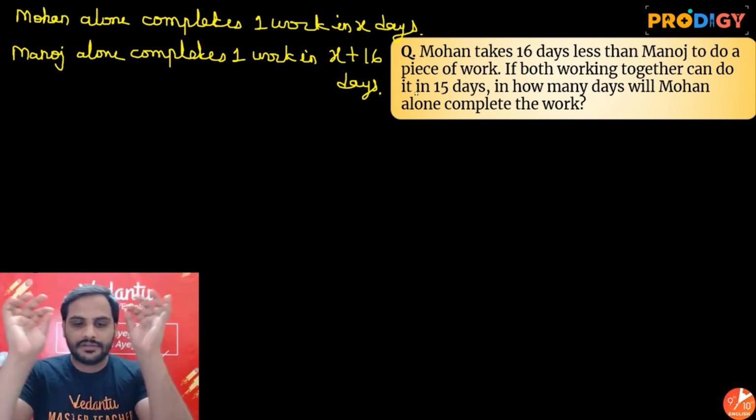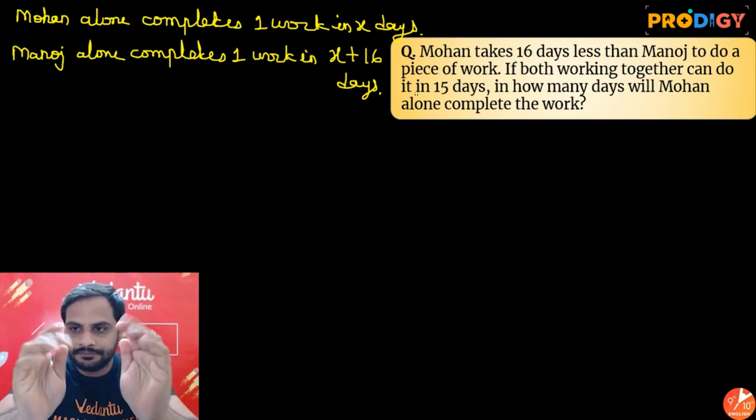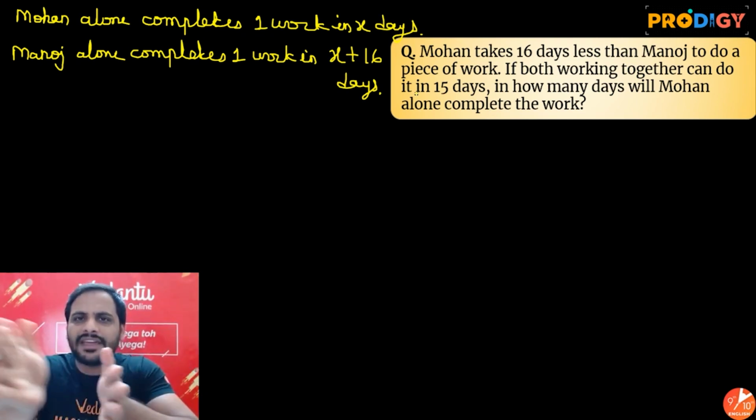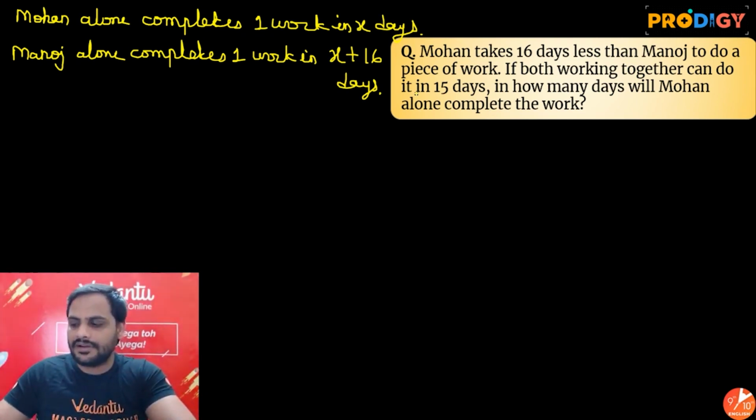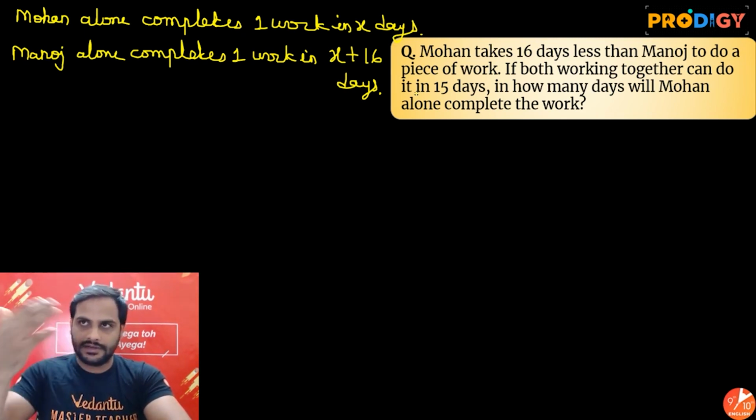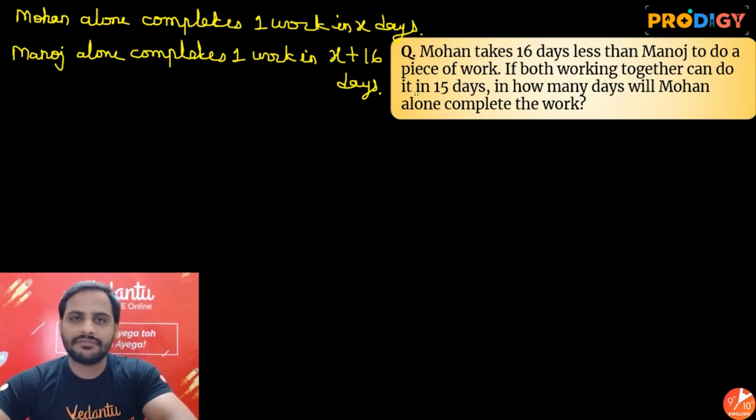अब बेटा देखो, here the concept is very important. Try to understand. Whenever I am talking about time and work, time cannot be added. For example, let's say you and I are working together, and suppose I complete a work in 10 days when I'm working alone.